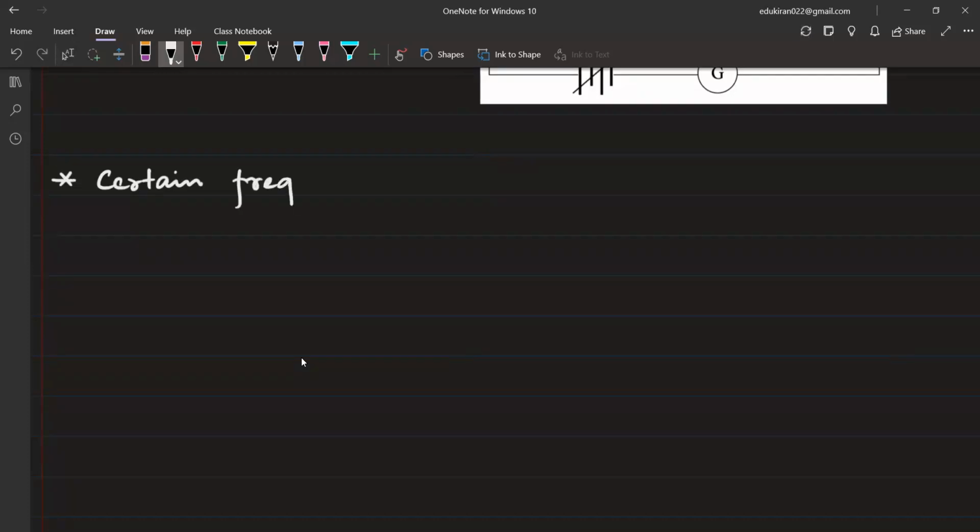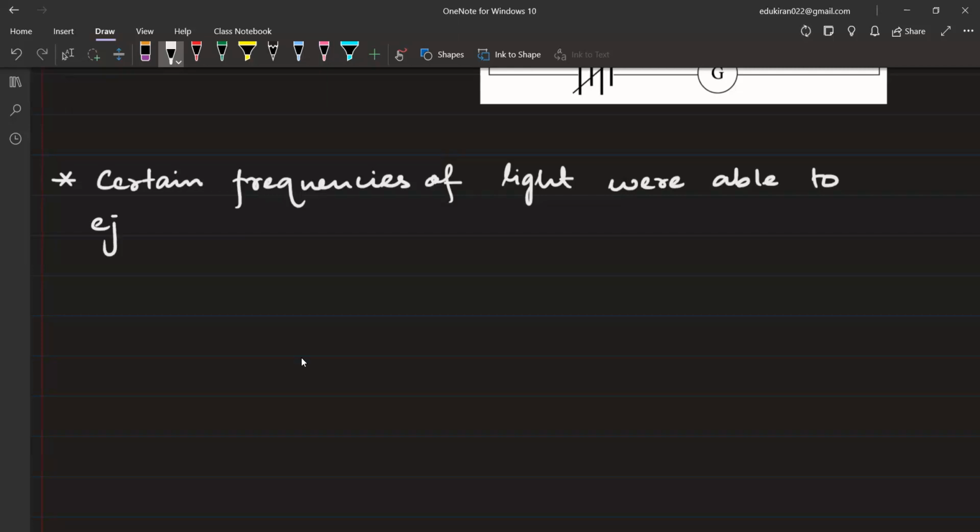Certain frequencies of light were able to eject electron from metal surface.